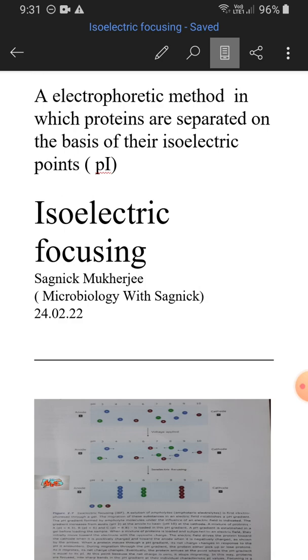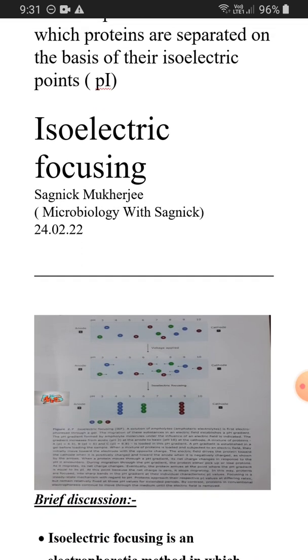Similarly, when the local environment is basic, that means there are too many OH- ions present. In the presence of too many OH- ions, the COOH group will simply donate a hydrogen. This hydrogen reacts with OH- and gives you water.